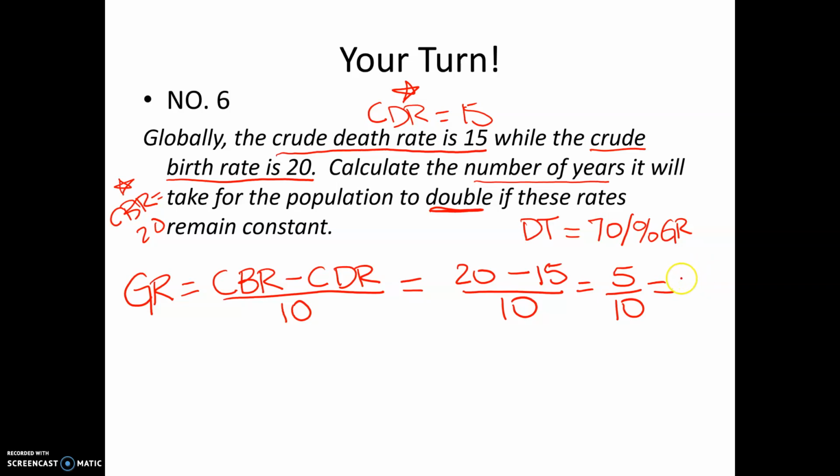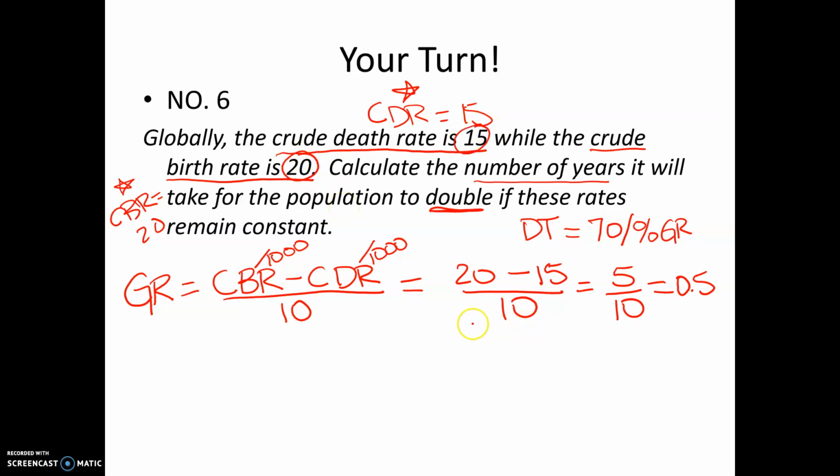If I can get my pen to work over here. Sorry. All right. That's a 0.5. Now, because each one of these was divided by 1,000, okay? That's how they calculated this number right here and this number right here.